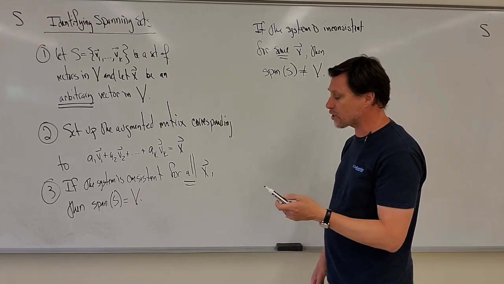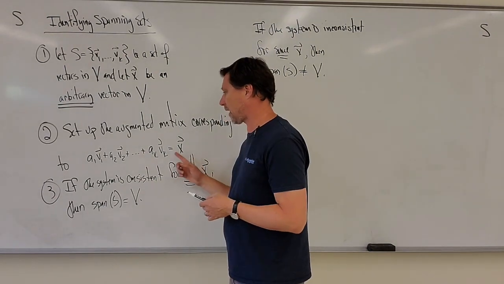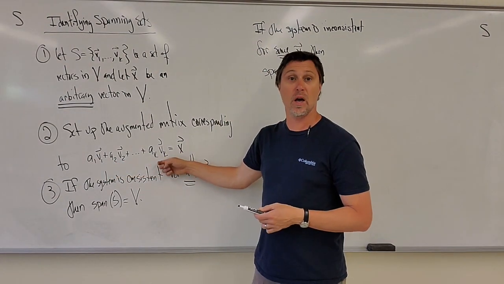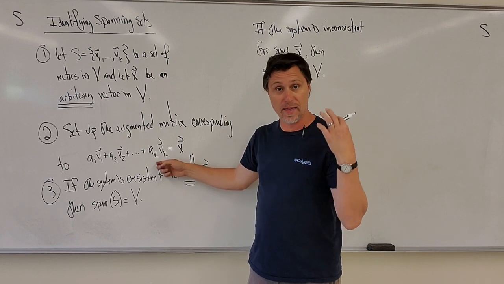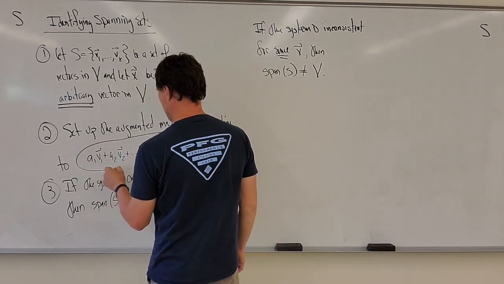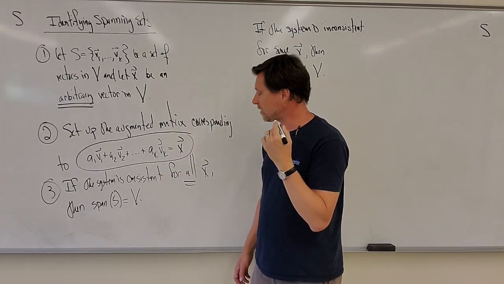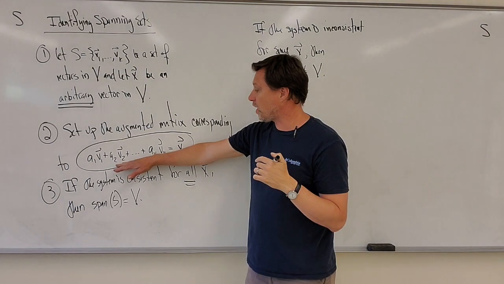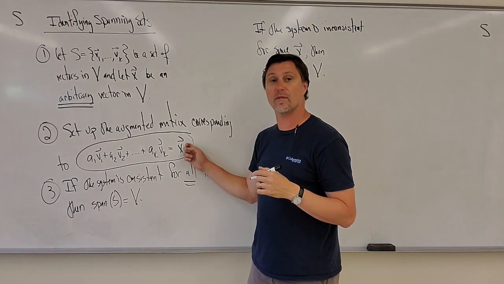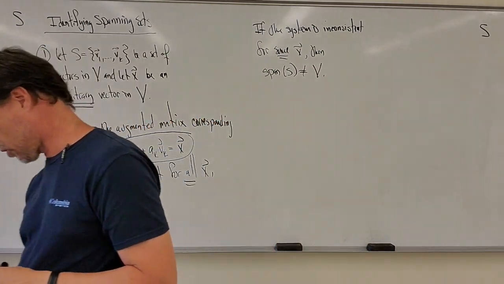If you want to have a spanning set, that means that every vector can be expressed as a linear combination of the elements of S. That's what you want to remember, is this equation right there. If span of S is equal to V, then this equation can be solved for every choice of x. So, okay, let's try some more examples.